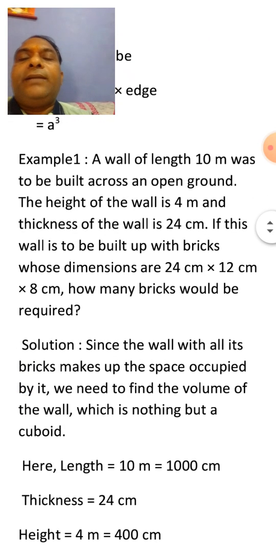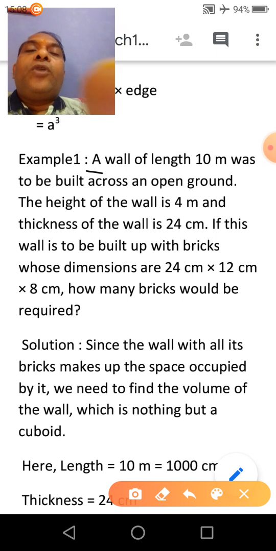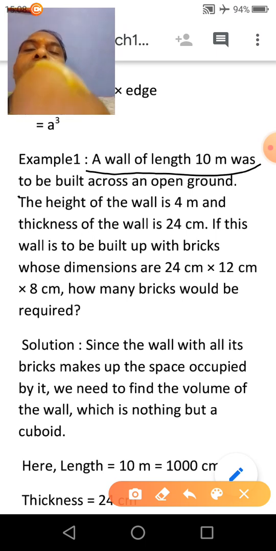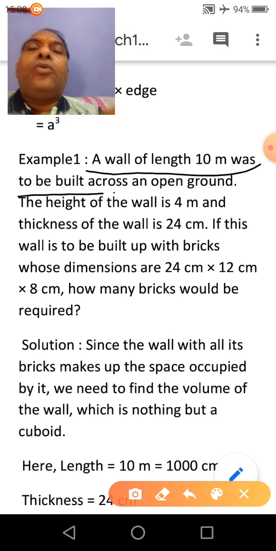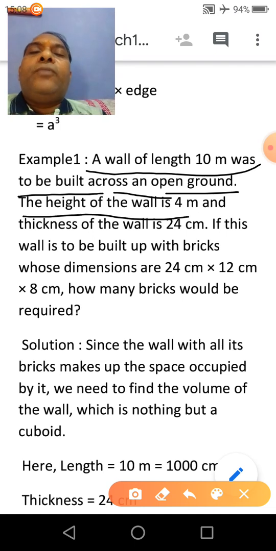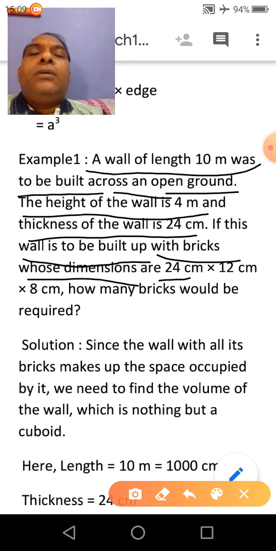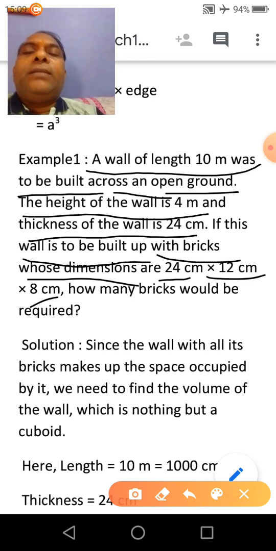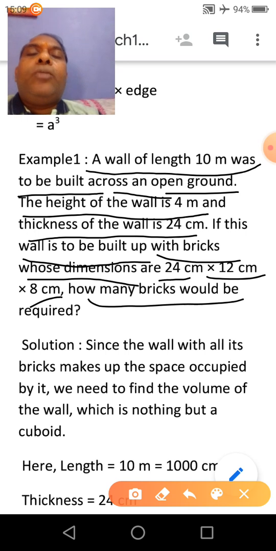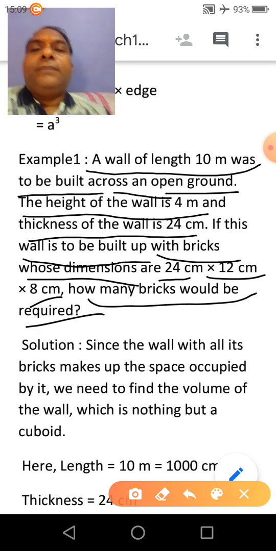Now see the example. Example 1. A wall of length 10 meter was to be built across an open ground. The height of the wall is 4 meter and thickness of the wall is 24 centimeter. If this wall is to be built up with bricks whose dimensions are 24 centimeter by 12 centimeter by 8 centimeter, then how many bricks would be required?